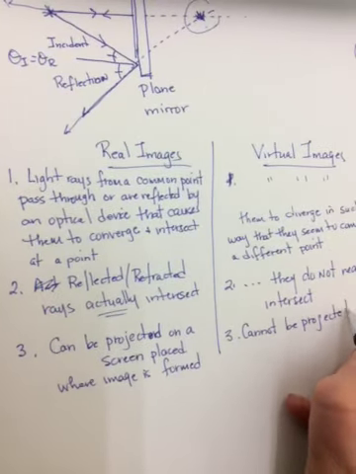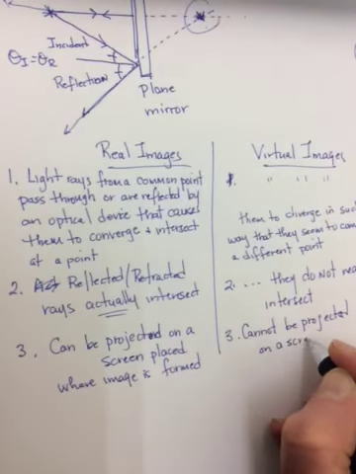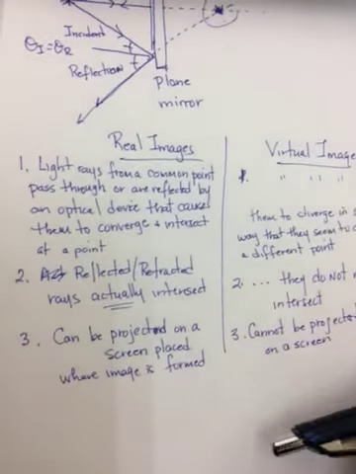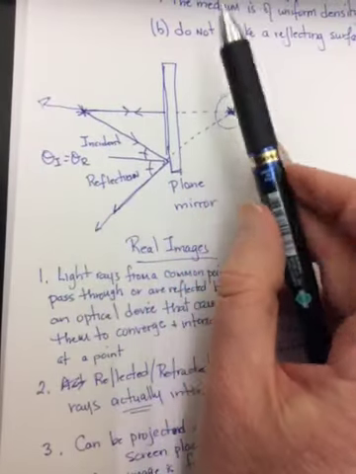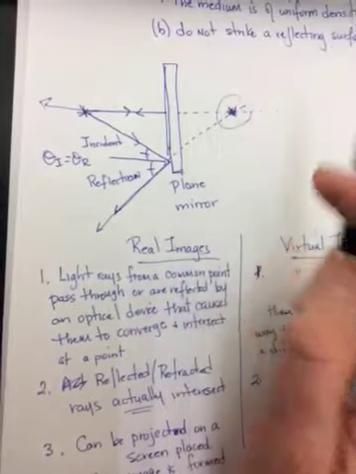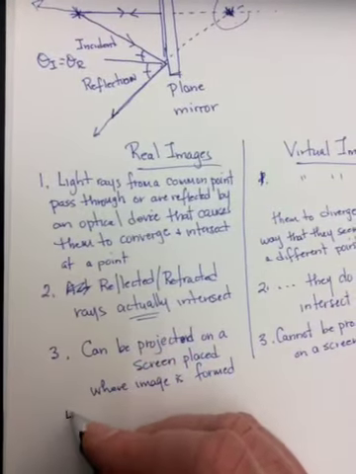Think about the image you see of yourself in the mirror in the bathroom. There is nowhere you could put a piece of paper or a screen that's going to form that image. That image is behind the mirror, but it's not really there. It can never get projected on a screen.